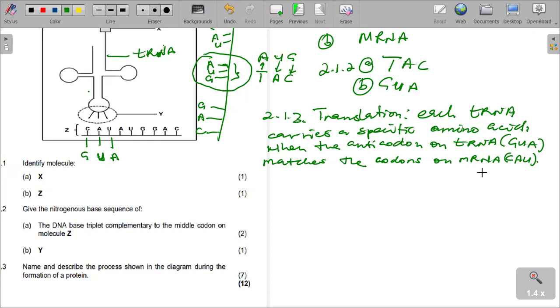So in that case, what happens is that the anticodon has to match with a specific codon on mRNA, which we are saying GUA can pair with CAU, that you can see.